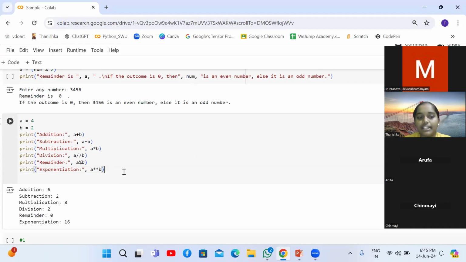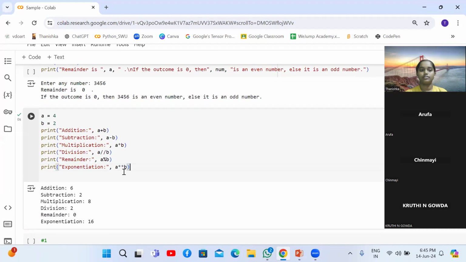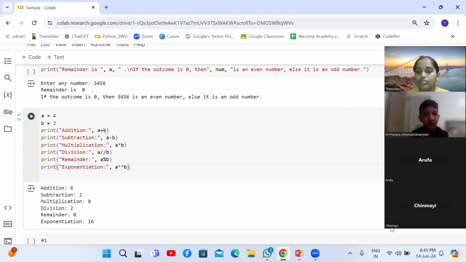Can you explain it, Pranava? You can turn on your video and then explain. It is used to give an exponent to that value. If a to the power of b, if a is equal to 4 and b is equal to 2, then 4 to the power of 2 will be 16.